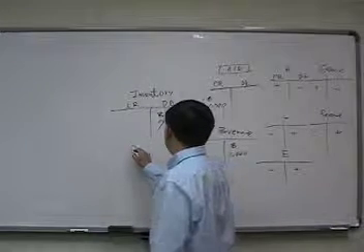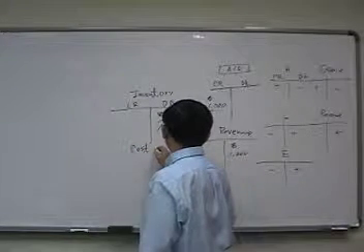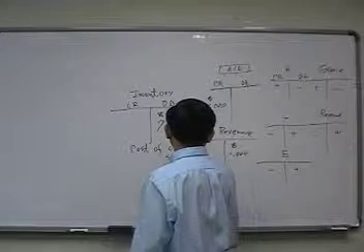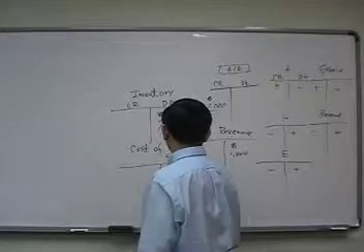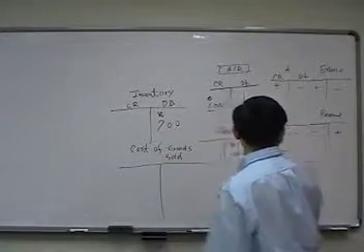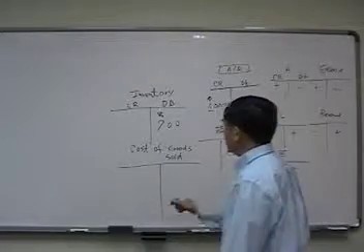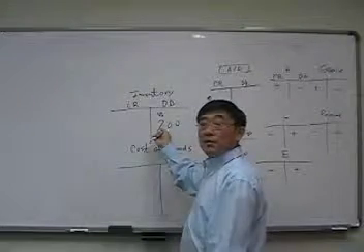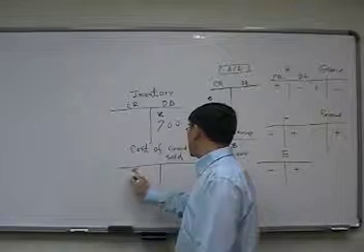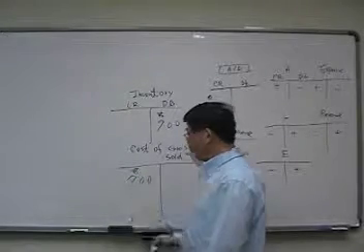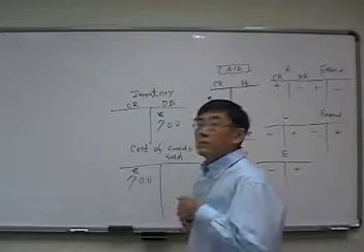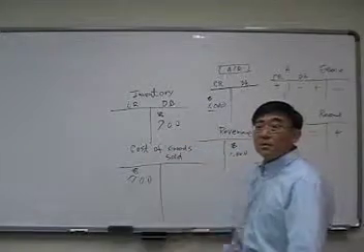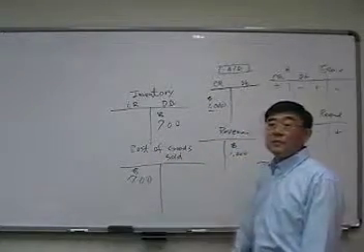So, cost of goods sold here. Your cost is exactly this amount, the value of the inventory. So right now we make this part also balanced: 700 on the right, 700 on the left.